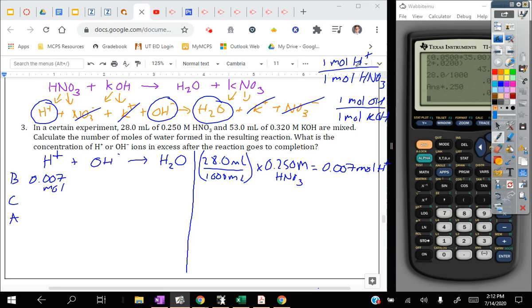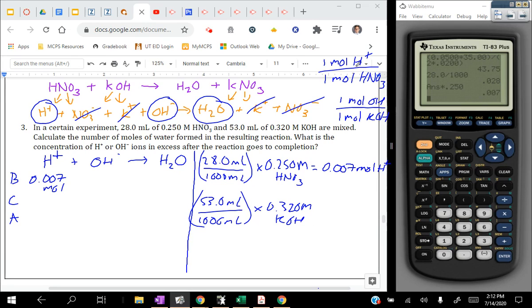I'm going to do the same thing with my KOH. And this is going to kind of turn into a limiting reactant question of sorts, just like we did in our last lesson. 53 divided by 1,000 times 0.320.